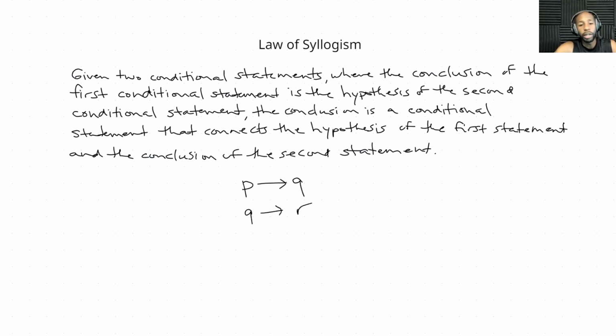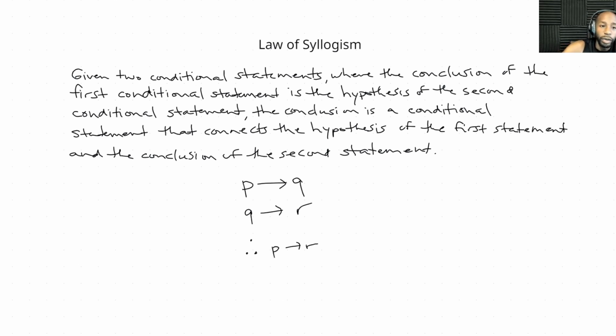You have two conditional statements here, and you see that the conclusion of this first conditional statement is the hypothesis of the second conditional statement. So that's what these statements share in common. Basically the conclusion connects the hypothesis of the first statement and the conclusion of the second statement.